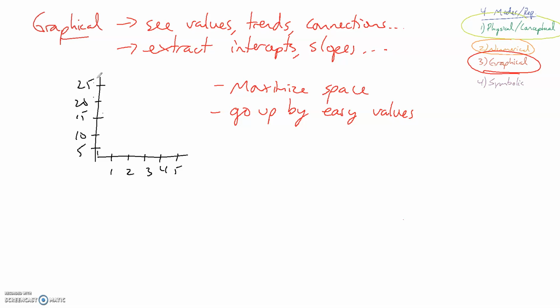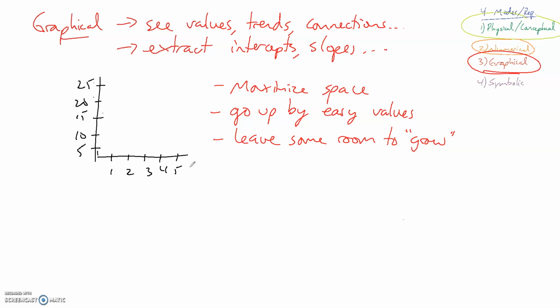Okay, so try and maximize your space, go up by easy values, that type of thing, but also leave some room. Leave a little bit of room in order to actually, for lack of a better word, get a little room to grow. So if your top value was actually 5, I might actually go to 6 in case I want to extrapolate or I want to predict a little bit further.